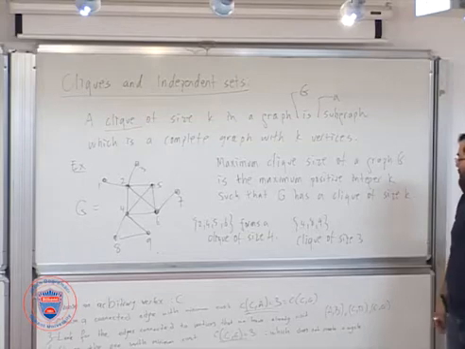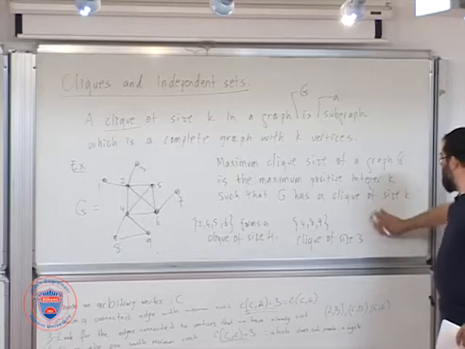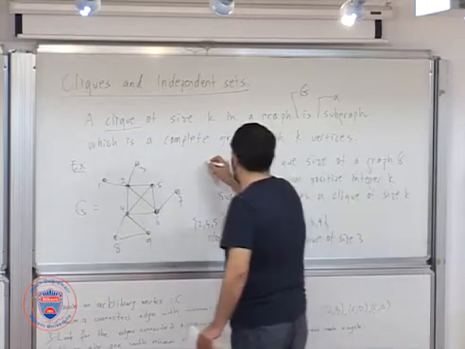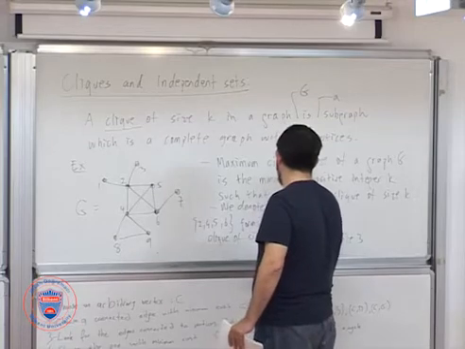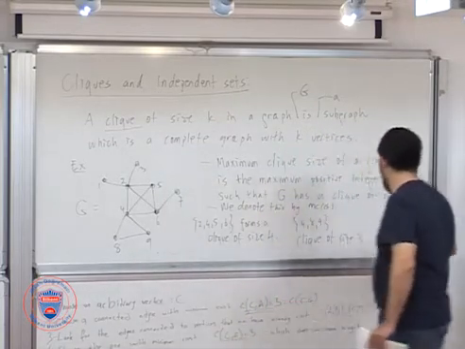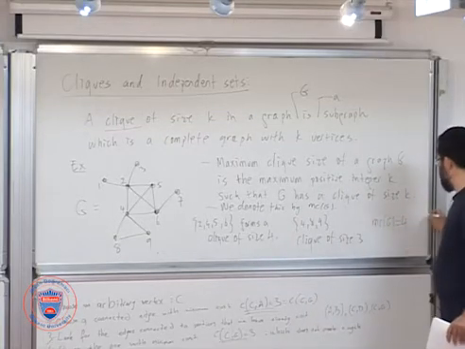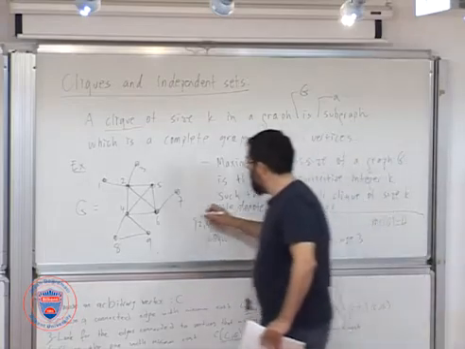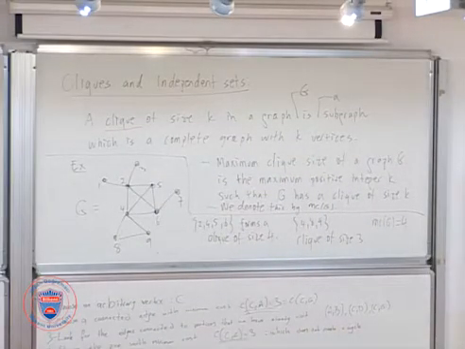We denote it by MC(G). So in this example, MC(G) is 4. Okay, so this is the setup.